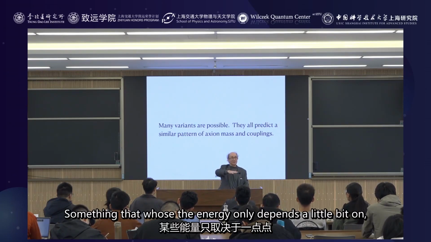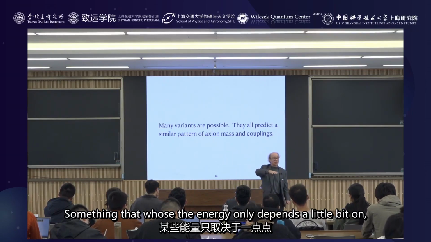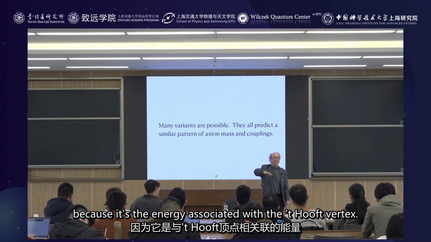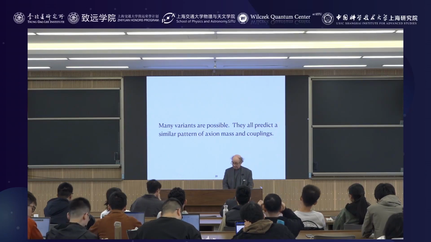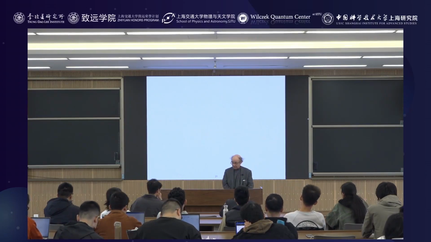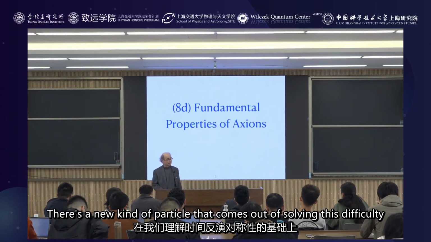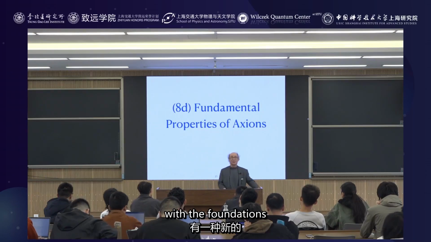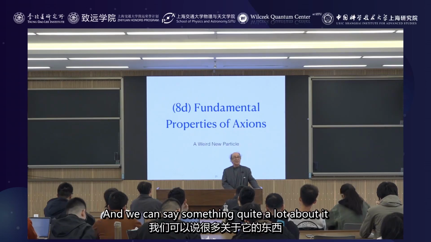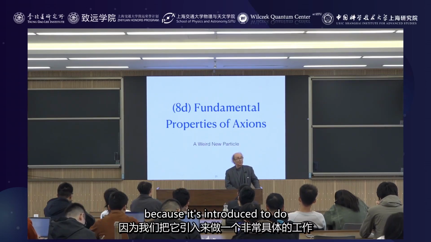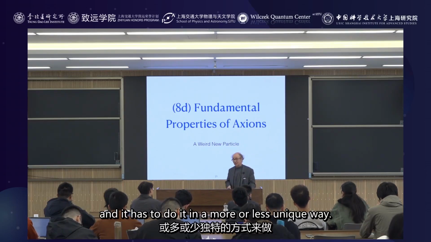It's something that the energy only depends a little bit on, because it's the energy associated with the 't Hooft vertex. And so there's a new kind of particle that comes out of solving this difficulty with the foundations of our understanding of time reversal symmetry. And we can say quite a lot about it, because it's introduced to do a very specific job, and it has to do it in a more or less unique way.